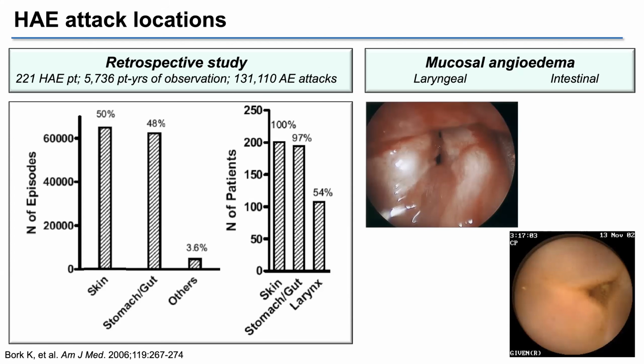So the laryngeal is obviously potentially fatal and very frightening. The intestinal angioedema can present like a surgical abdomen. Many of our older patients have had unnecessary abdominal surgery, and it's extremely uncomfortable. Women say it's worse than childbirth. So it's something that patients really don't want or ought not to go through.